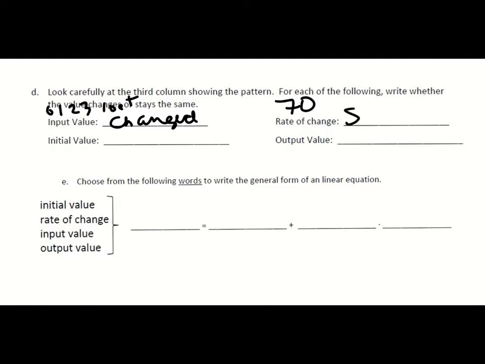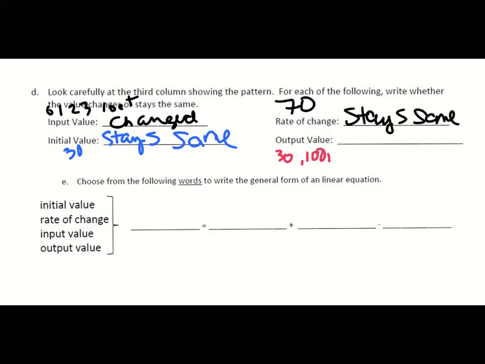That stays the same. And then your initial value, that was your 30. That stayed the same. And then your output values were those things that were like the 30, the 100, the 170. That was the distance traveled, and that changed.